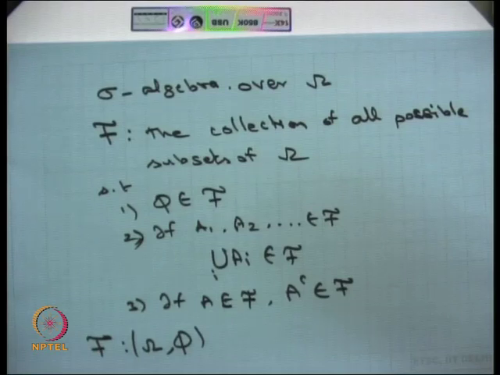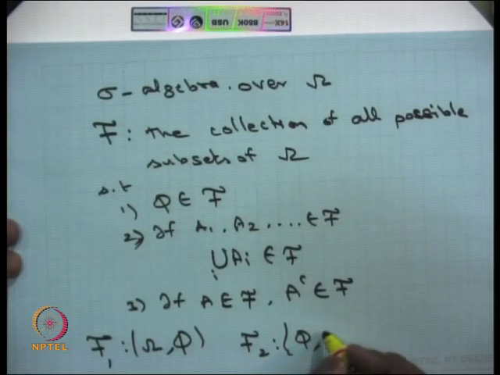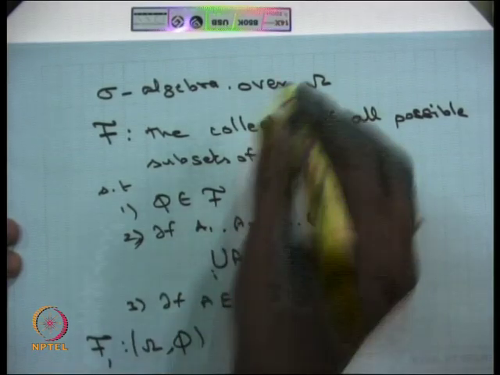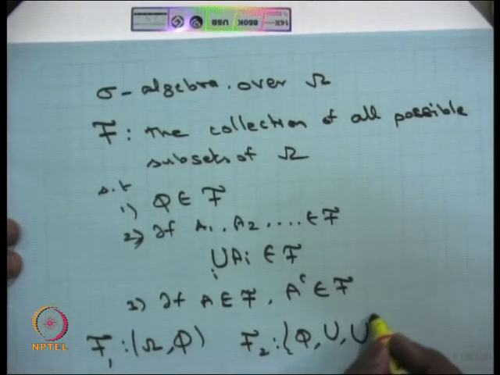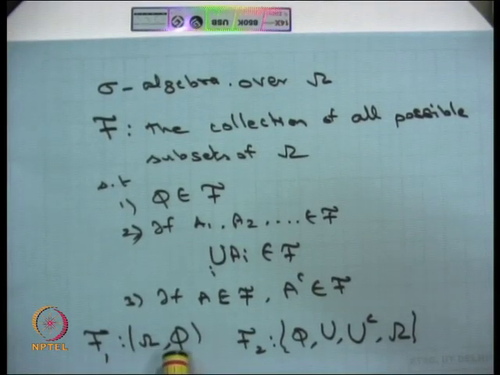Like that, I can create many sigma algebras. By taking a few elements of possible outcomes, I make it the set A. Then I can make another sigma algebra with the empty set, one set called U, where U consists of a few elements of omega, and U complement, and then omega also. So like that I can keep creating different sigma algebras over omega, and the trivial one is the empty set with the omega set.